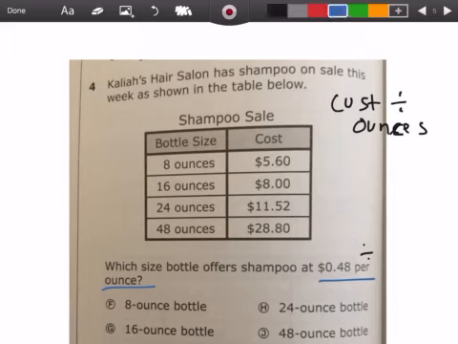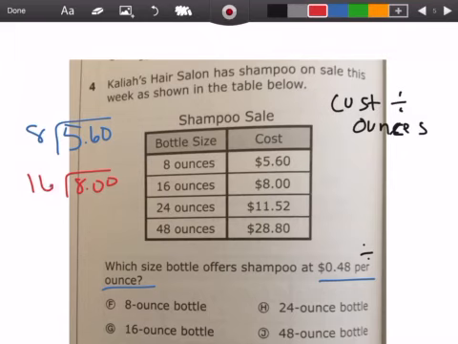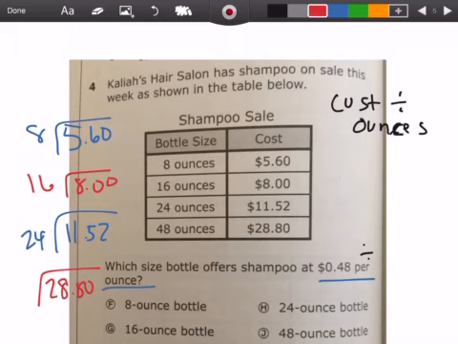Okay, so you'll do cost $5.60 divided by 8 ounces. You'll do $8 divided by 16 ounces. $11.52 divided by 24 ounces, and $28.80 divided by 48 ounces, and pick the one that equals 48 cents when you divide it.